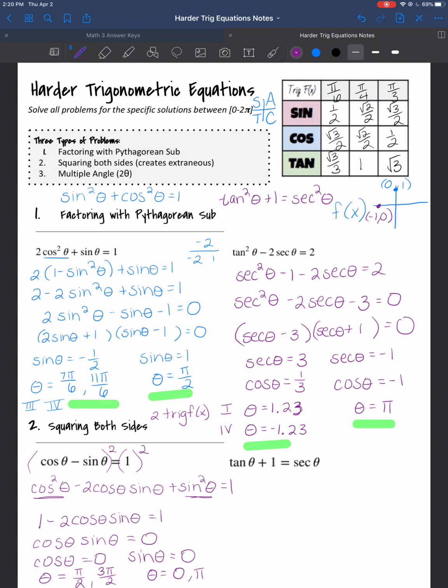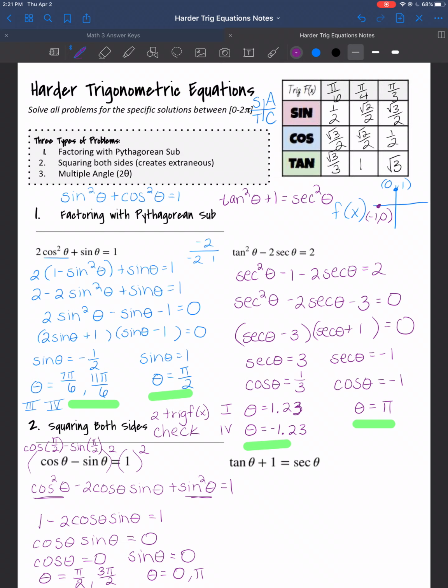Now, before I finish and say, well, those are the 4 answers, with this type of problem, you have to check for extraneous solutions. You have to plug your answers back in. So I'm going to take pi over 2, and I'm running out of room a little bit, but I'm going to do cosine pi over 2 minus sine pi over 2, and see if that gives me 1.